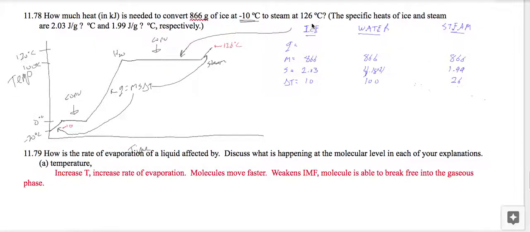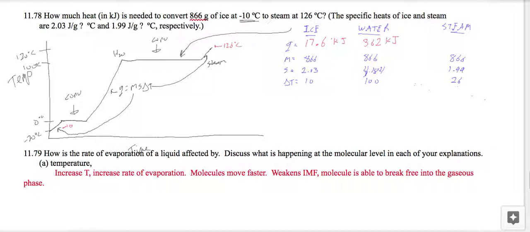And I'm going to change these into joules. So this is going to be 17.58 kilojoules. Remember that the answer that you get is going to be in joules. I'm just converting them right now. 866 times 4.184 times 100 is going to be a very large number. 362 kilojoules. I think I'm going to round this one to 17.6. 362 kilojoules.